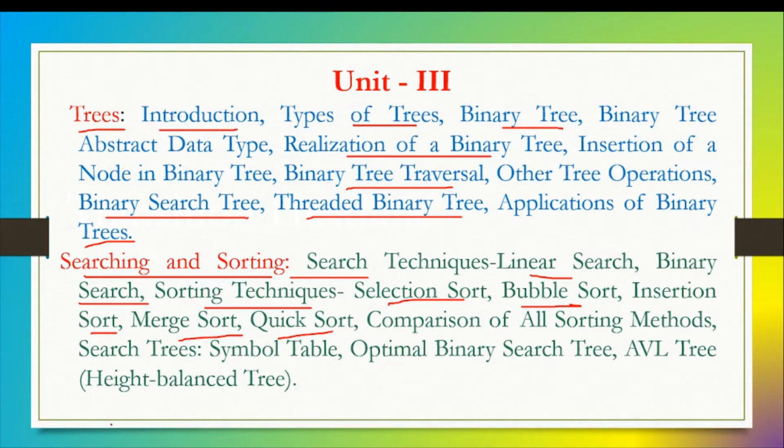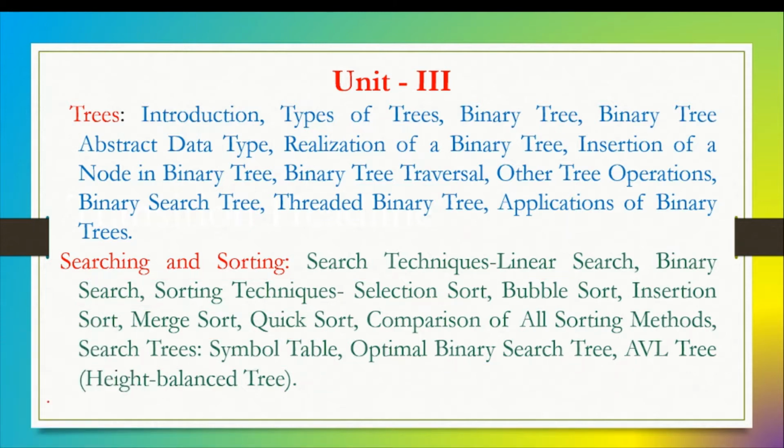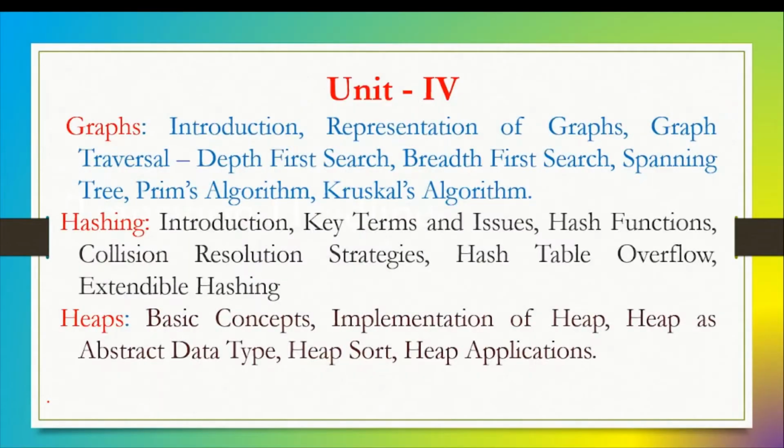Another small topic is searching the trees. Here we will learn about the symbol table, the optimal binary search tree, and the introduction of the AVL tree. We will discuss AVL trees in detail in another unit.